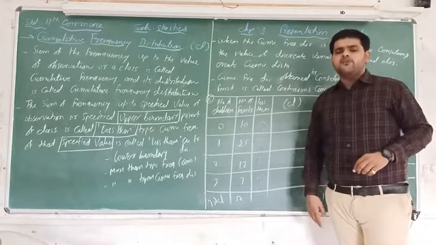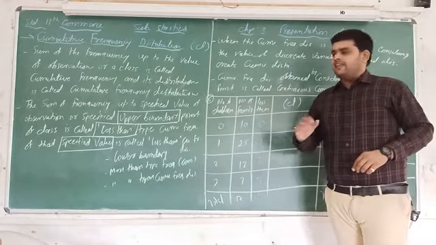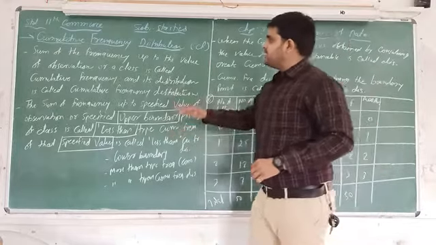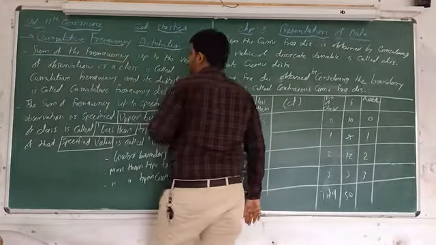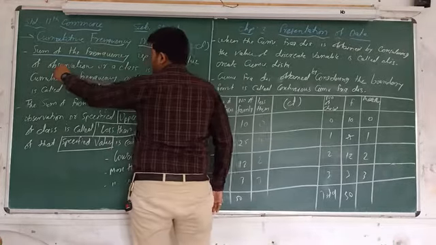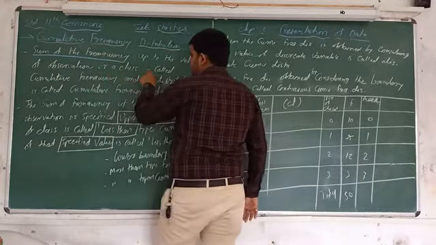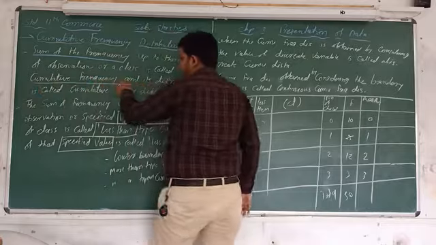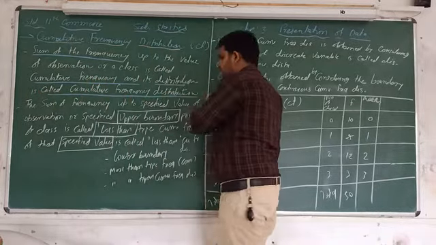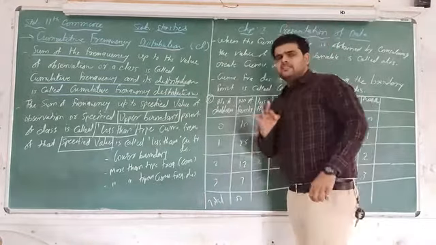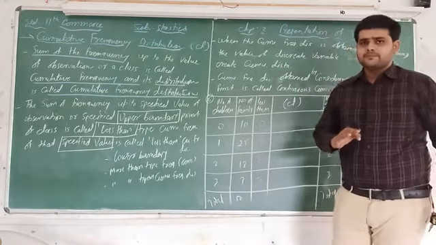So first of all we are going to discuss the meaning. The most important words here: the sum of frequency up to the value of an observation or a class is called cumulative frequency, and its distribution is called cumulative frequency distribution. This is the easiest method.